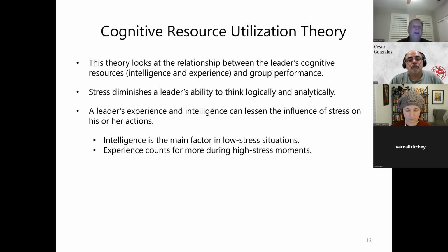It depends upon the situation and how quickly a decision has to be made, the balance of that decision, how important that decision is, the amount of stress involved in making that decision. If it's a very high stress type of situation, that's something your well-experienced employees will probably react better to. If it's a lower stress situation, then people are going to rely more upon their intelligence because they have more time to think through all these different types of alternatives.